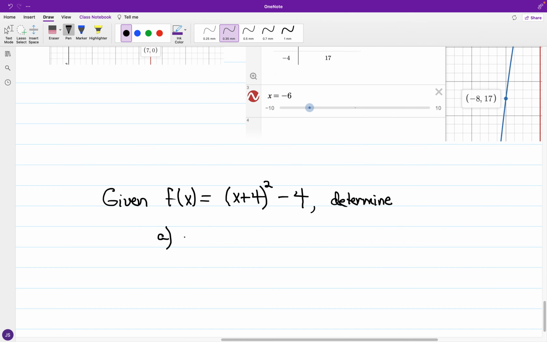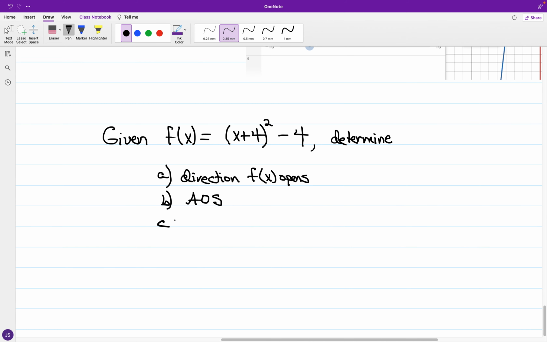And you're looking at trying to determine, first of all, the direction f of x opens. Again, the axis of symmetry. The vertex once again.